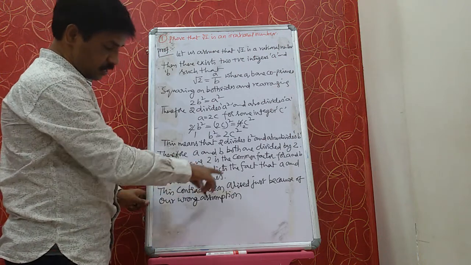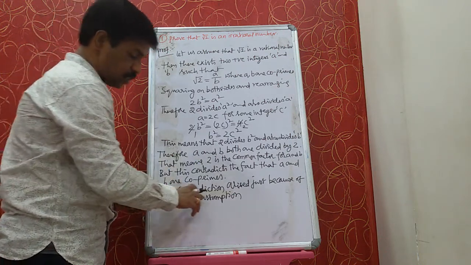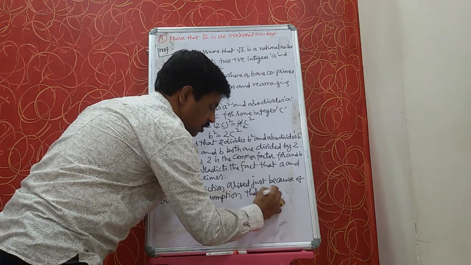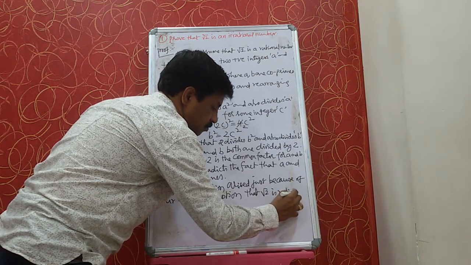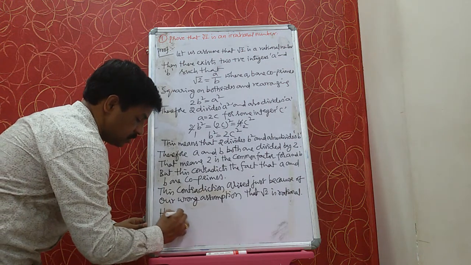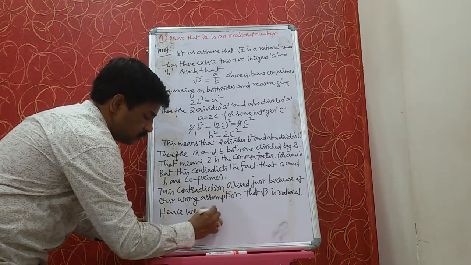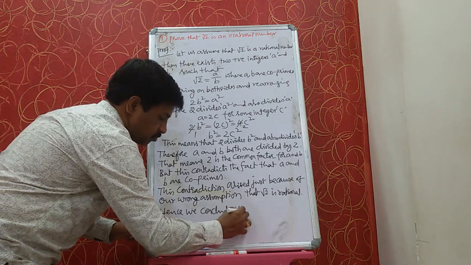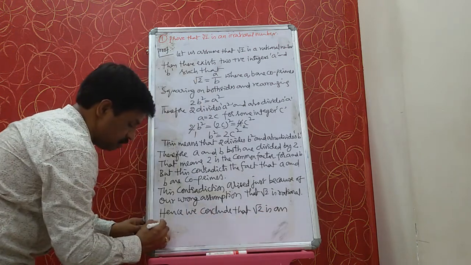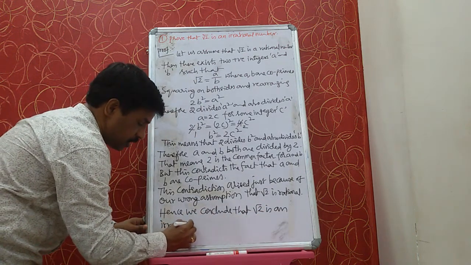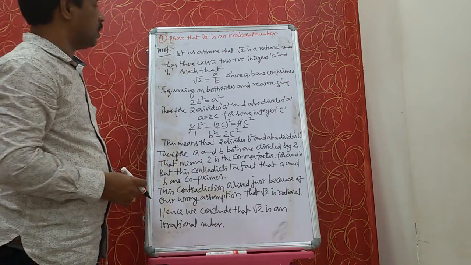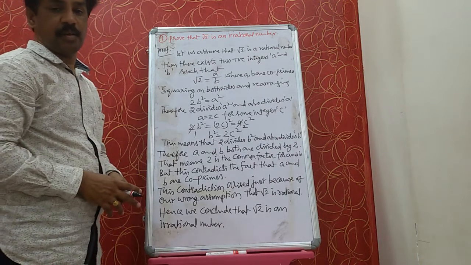So this contradiction arises just because of our wrong assumption that root 2 is rational. Hence we conclude that root 2 is an irrational number. So this is the proof that root 2 is an irrational number.